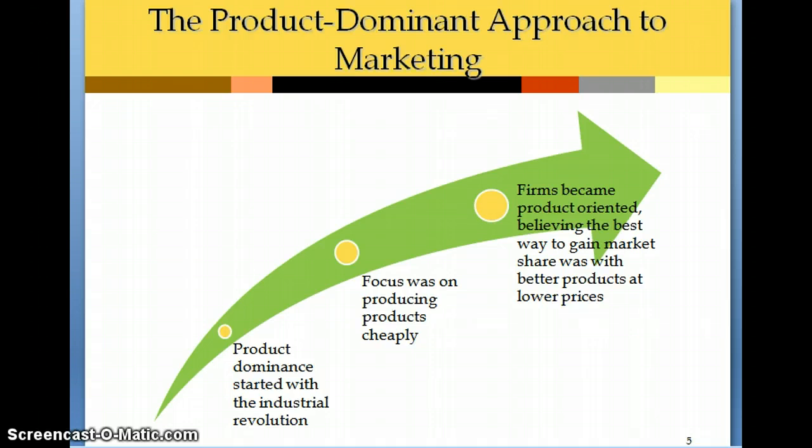The approach has its roots in the Industrial Revolution, when firms were product-oriented, meaning that they believed that the best way to capture market share was to create and manufacture better products at lower prices. Taking the product-oriented approach means that marketing professionals may focus too much on the product itself and not enough on the customer or service-related factors they want.